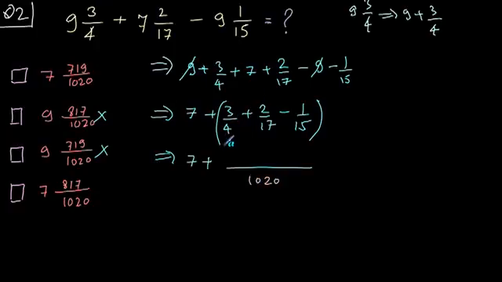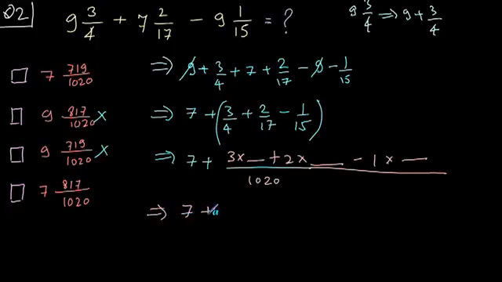Now you have to solve the numerator, so this is going to be 3 into something plus 2 into something else minus 1 into something else. Now what could come in this place? It's going to be 7 plus 3 into how many times 4 is 1020.